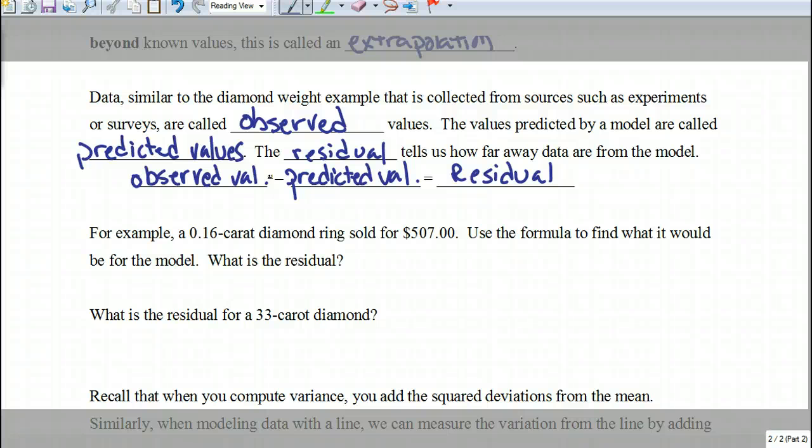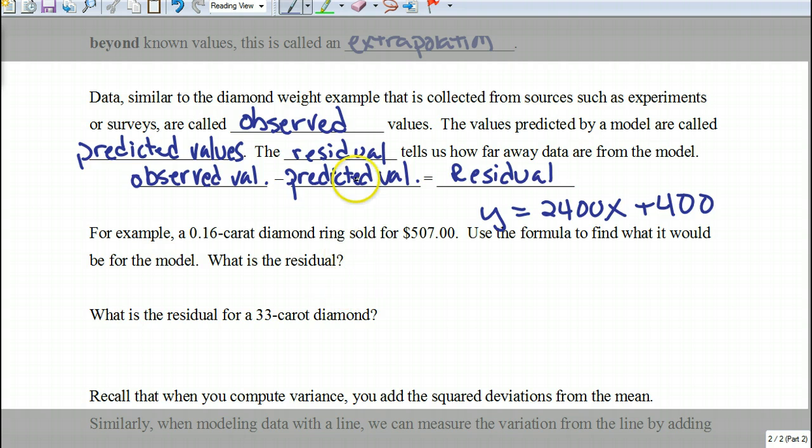An example of this, if we're going to use the formula y equals 2,400x plus 400. We have a 0.16 carat diamond ring sold for $507. Use the formula to find what it would be for the model.